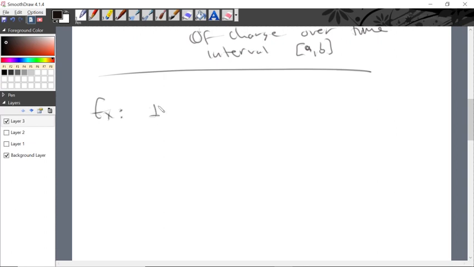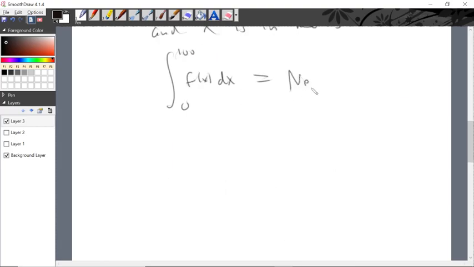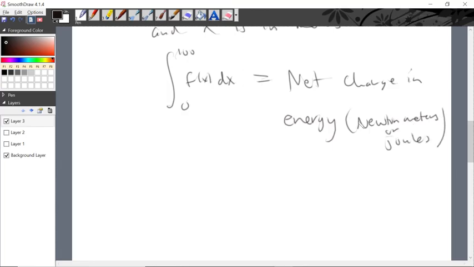Okay, so we have, if f of x is in newtons, and newtons are units of force, that's kilograms times meters per second squared, mass times acceleration, force equals mass times acceleration, and x is measured in meters, and of course that's a distance, then the integral from 0 to 100 of f of x dx would output the net change in energy, that would be the newton meters or joules, the net change in energy on the space interval 0 to 100.